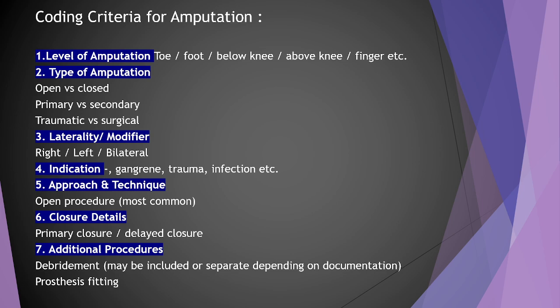First of all, we have to see the level of amputation, whether it is a knee region, toe region, or finger region. After that, we have to see which type of amputation, whether it is closed, open, primary versus secondary, traumatic versus surgical, and the laterality and modifier as per the documentation, and the indications like gangrene, trauma, infection, for diagnosis purposes, and the approach like the open procedure and the closure details, whether it is a primary closure or delayed closure, and the additional procedure, that is debridement, which may sometimes be included in the amputation.